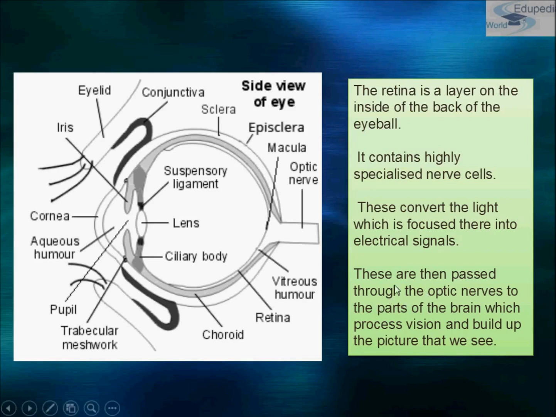These are then passed through the optic nerves. See, this is the nerve and this is the retina. Once the retina converts the light into electrical signals, it passes them to the optic nerves, so to the parts of the brain which process vision and build up the picture that we see. Okay, so this is the function of the retina.